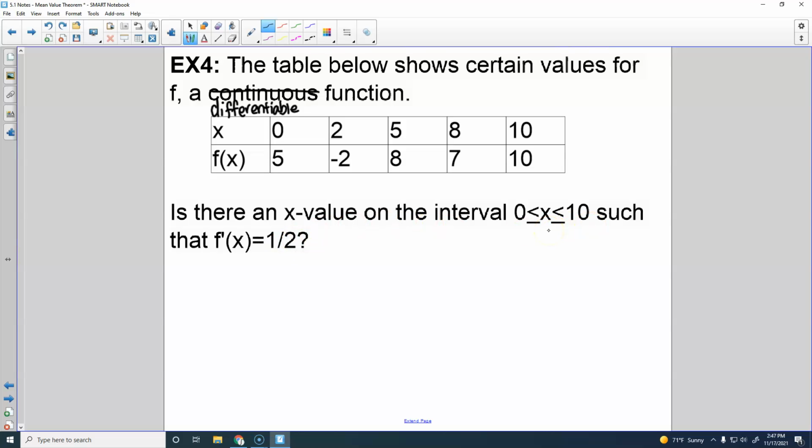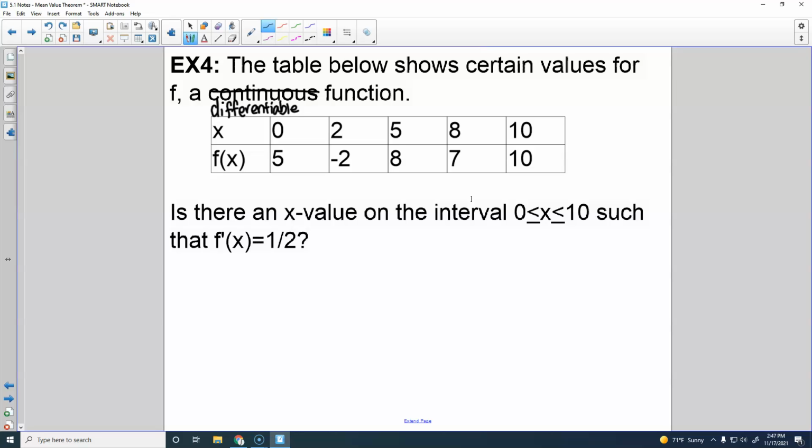In this case, we've got an interval, we got the derivative equal to something, so that should have us thinking mean value theorem. So we want to know if the average rate of change is ever 1/2 on any of this graph right here, then there has to be a time when the derivative is also 1/2.